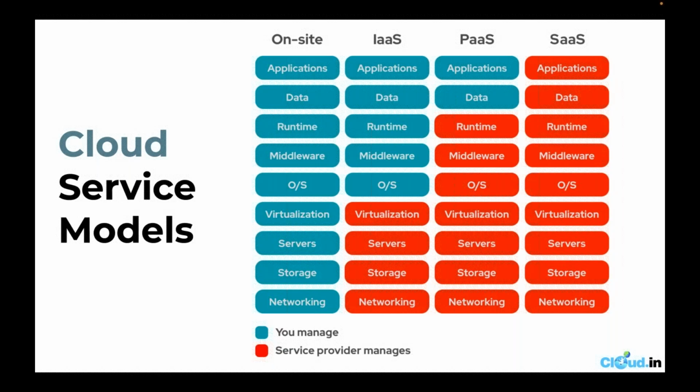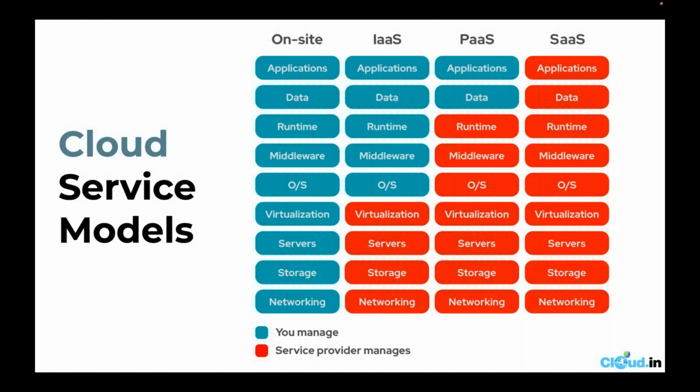They will obviously ask you for data, but will manage the complete data, your runtime, middleware, operating system patching and updation, virtualization, servers, the storage needed for that application, everything is being managed by the cloud service provider itself. The only thing that remains for the client is to market this application basically.